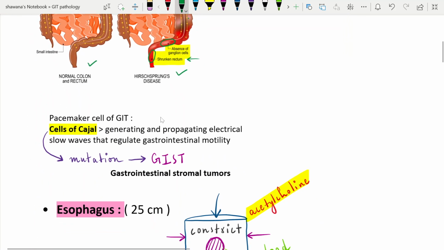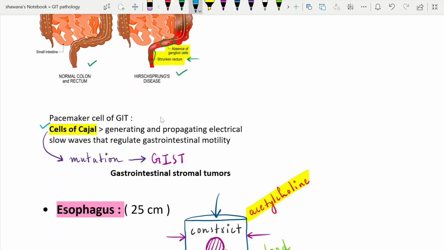One more thing worth mentioning is the pacemaker cells of the GIT. The pacemaker cells are those cells that are responsible for generating and propagating the electrical waves so that peristalsis can occur. The cells of Cajal are responsible for GIT motility, and a mutation in the cells of Cajal results in GIST.